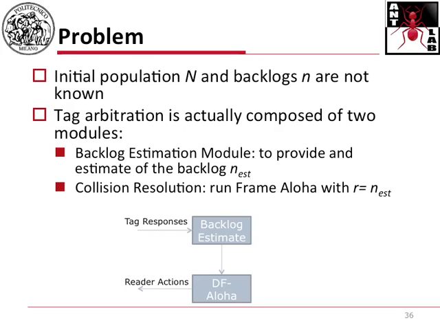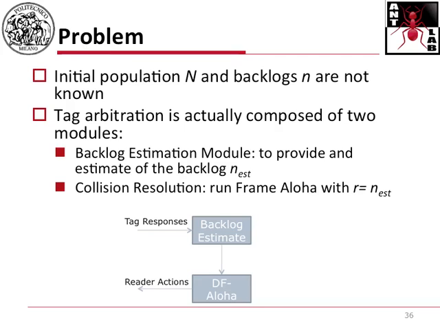Tag arbitration is actually composed of 2 blocks. The first one is what we have discussed so far, which is basically the arbitration process: how all the tags of the system choose one slot in the frame, and how they do it across multiple frames.